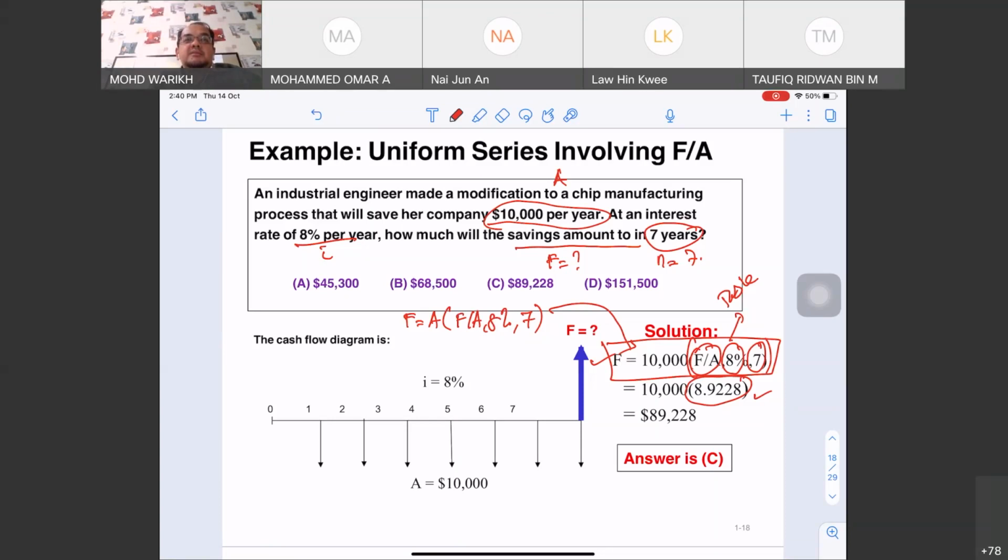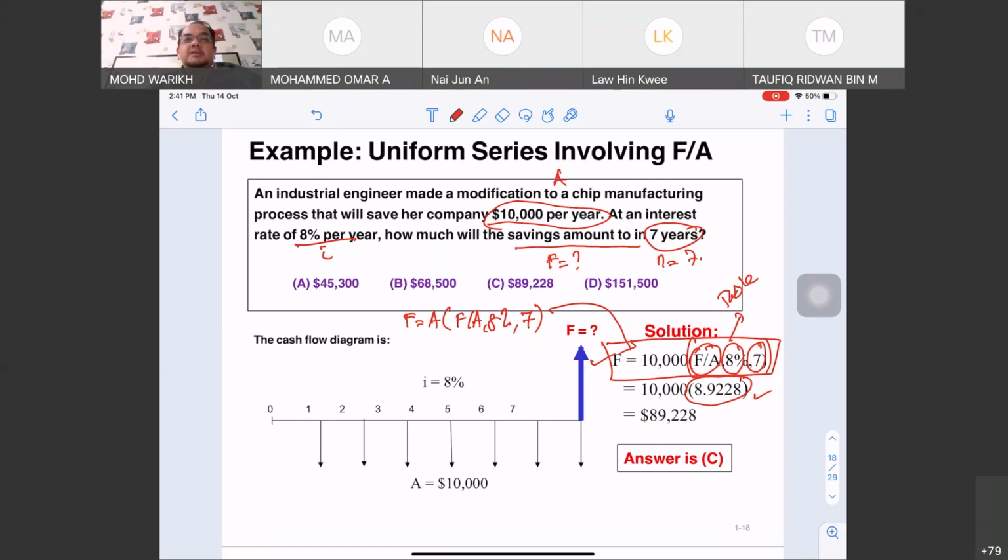Is saving the money inflow or outflow? Inflow. So is it up or down? Up is inflow, down is outflow.